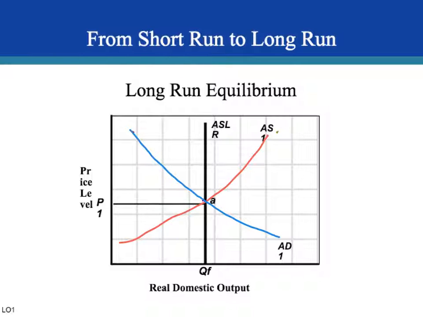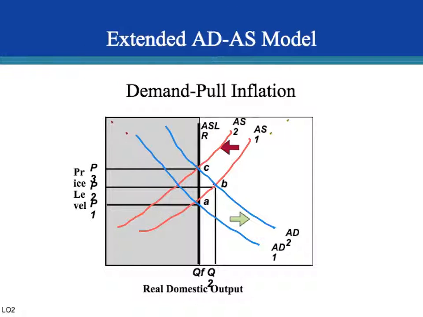And so the long run equilibrium price level and equilibrium level of output is determined by the intersection of the long run aggregate supply curve, the short run aggregate supply curve, and aggregate demand. Okay, so let's look at the case when there is demand pull inflation in the economy.